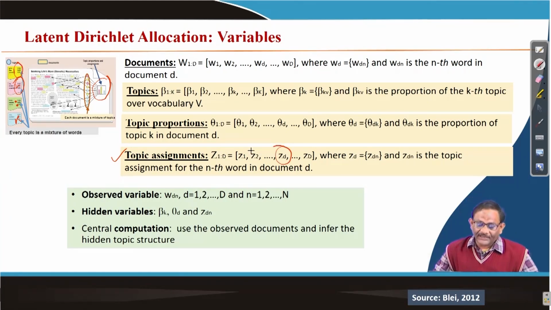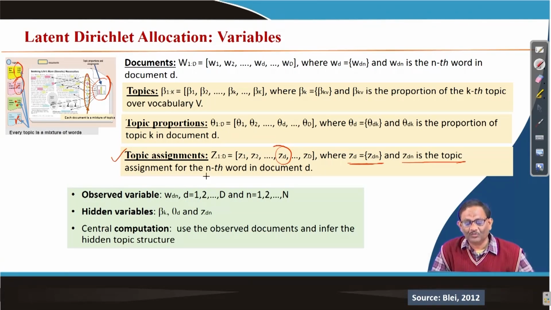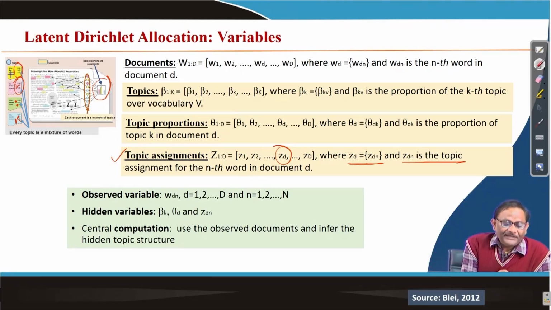So Z D is your Z D N, where Z D N is the topic assignment for the nth word in document D. For example, for the first topic, what is the proportion of this topic in document D, that is one.